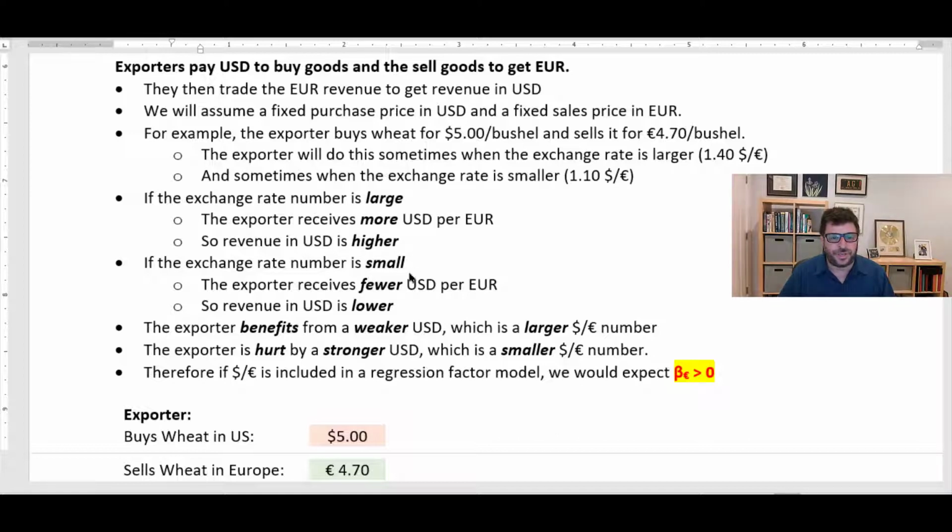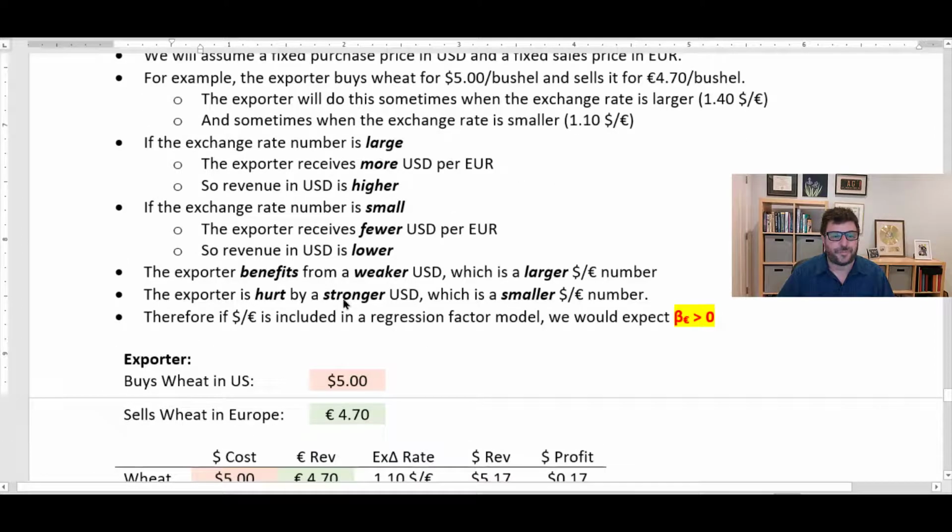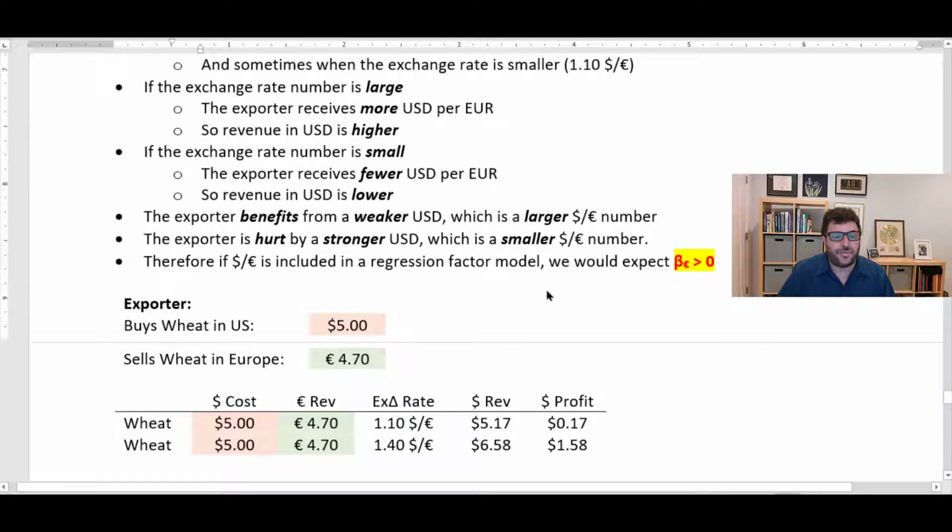If they do this when the exchange rate number is smaller, then they only receive $1.10 for every euro, and so their revenue in US dollars is lower. And so the exporter benefits from a weaker US dollar, which is the larger number, and is hurt by a stronger US dollar, which is the smaller number. Therefore, if we include dollars per euro in our regression factor model, we would expect a positive beta euro.